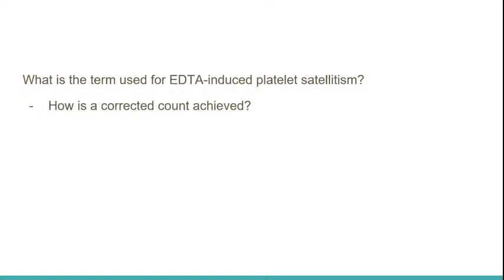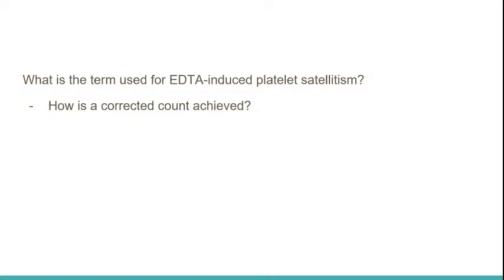Okay, and the corrective action for this one, when we see it in the blood smear, is recollecting the sample and running the patient sample with sodium citrate anticoagulated blood. Now, it could be any type of sodium citrate anticoagulated blood. It could be the one that we use for ESR analysis, or it could be the one that we use for coagulation studies.